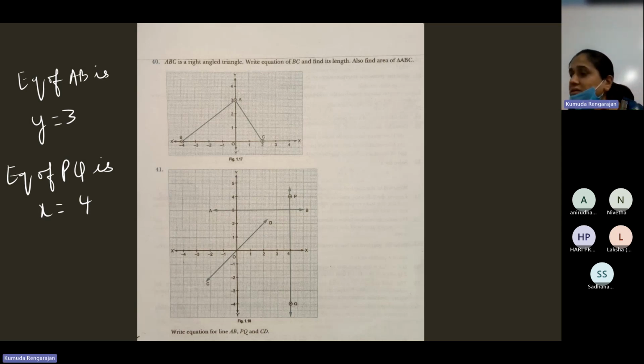The standard form is ax plus by is equal to 0. Constant c will be missing. If a line is parallel to the x-axis, it is y is equal to a number, there is no x. If a line is parallel to the y-axis, it is x is equal to some number, there is no y variable. If a line passes through the origin, there is no constant.